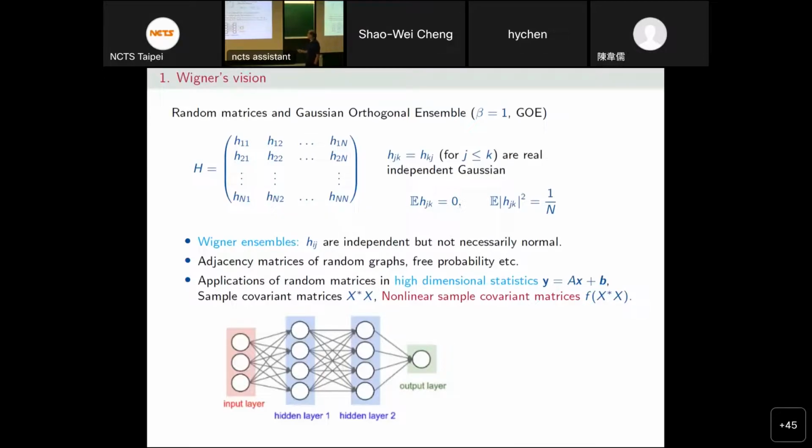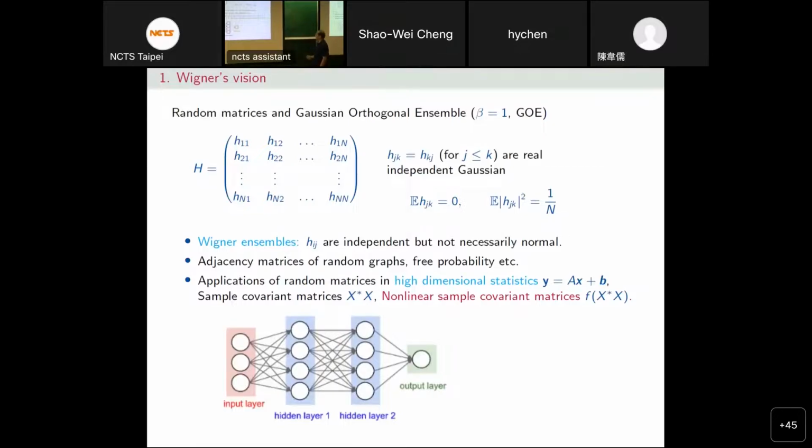But later I found that people in statistics, in the old days, didn't care too much about random matrices, but high dimensional statistics requires knowledge about random matrices, because you want to solve these linear regression problems. So you see a lot of cases, such as the so-called sample covariance matrices, and this becomes a last interaction between random matrices and statistics problems.